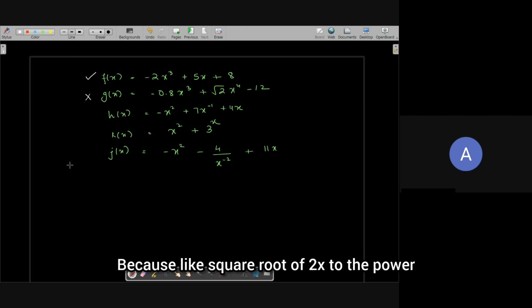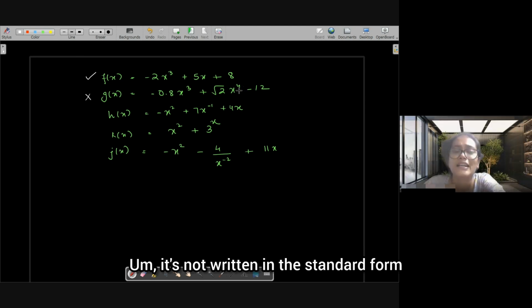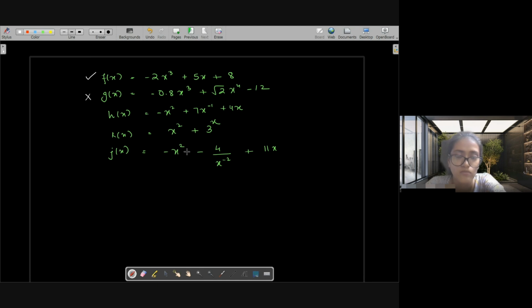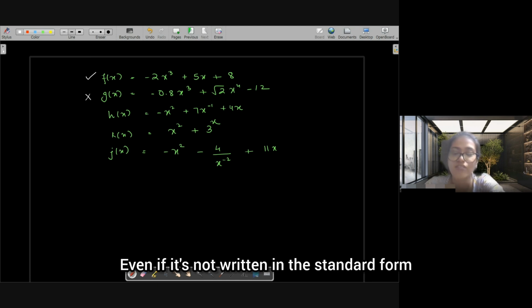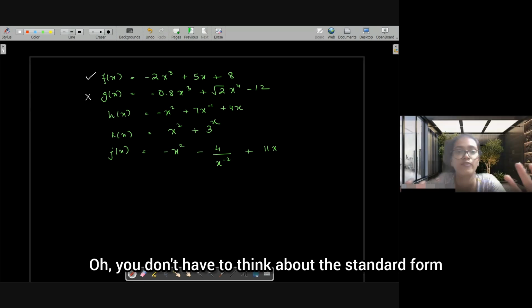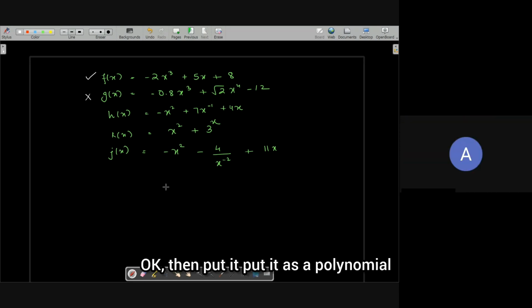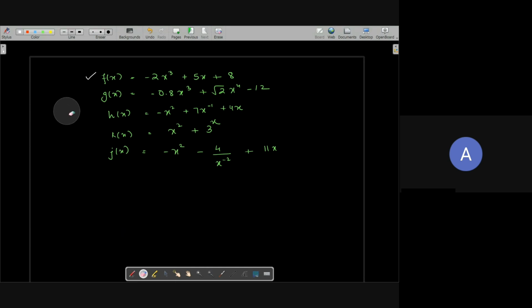Because square root of 2x to the power of 4 has to be first. It's not written in the standard form. I agree, but even if it's not written in the standard form, it is still a polynomial. So you don't have to think about the standard form. Okay, then it is a polynomial.